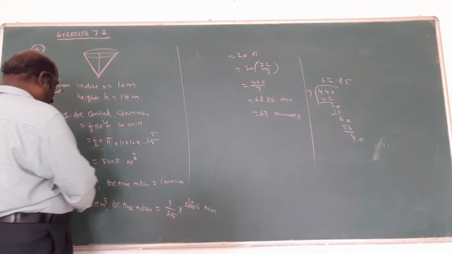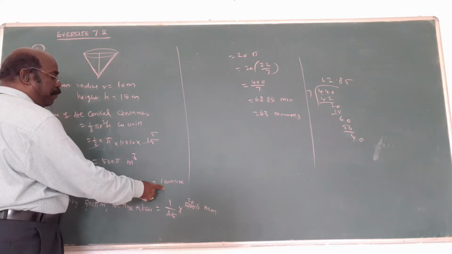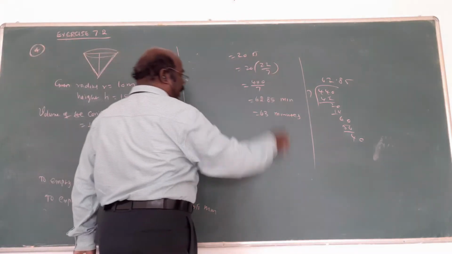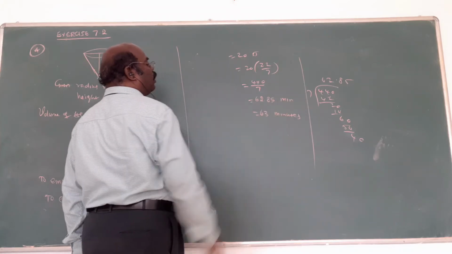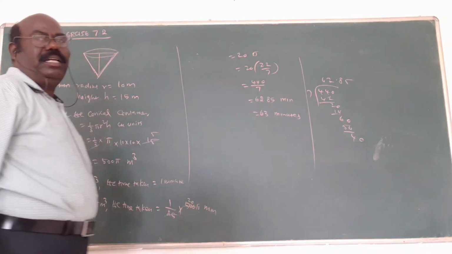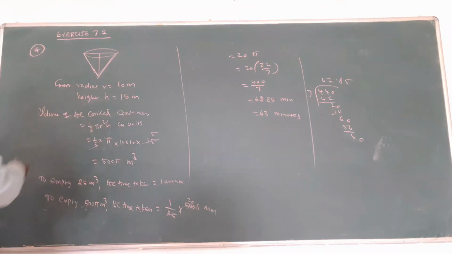Because 25 meter cube equals 1 minute, the answer is always in minutes. It is 62 point 8 something, so that's why 63 minutes. To empty it, the time we get is 63 minutes. That is the answer. What is asked? In how many minutes will the container be emptied?